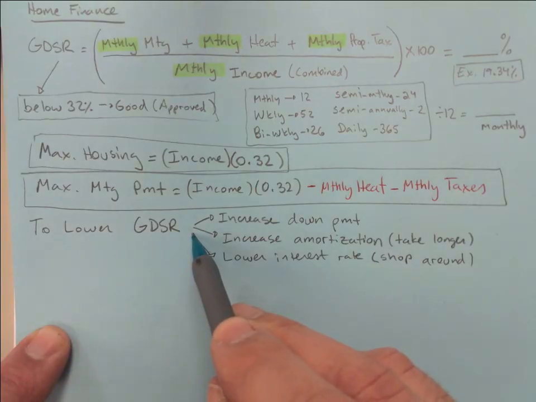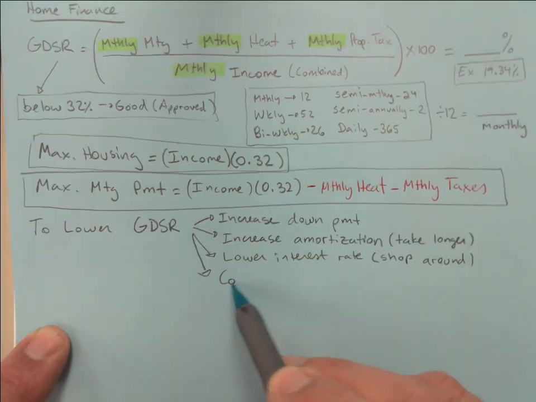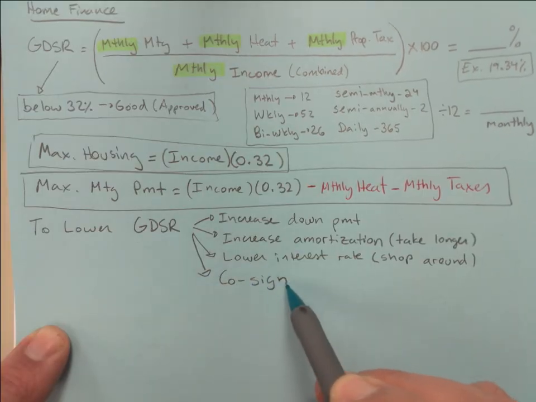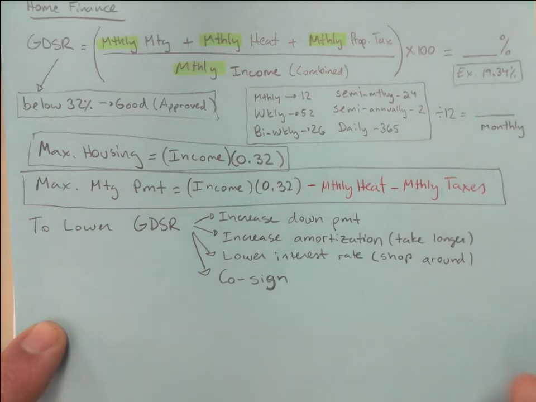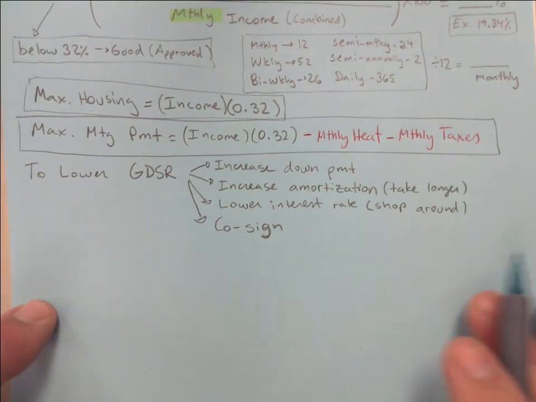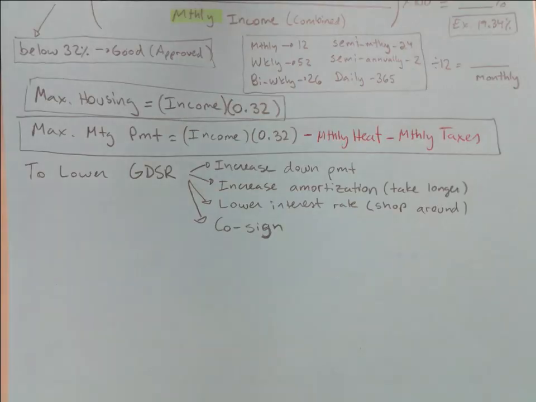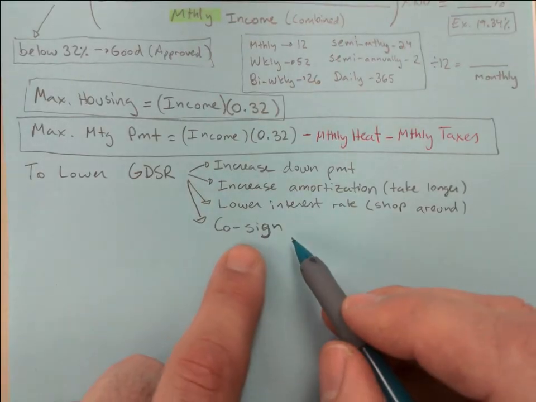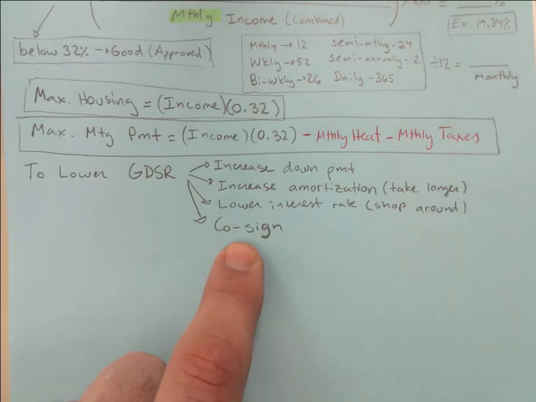I can't help it, sorry. Cosign. Anybody know what cosign is? It's not like sine law, cosine law. This is a different cosign. You get somebody else to sign with you. Let's say you want your parents to help you out.